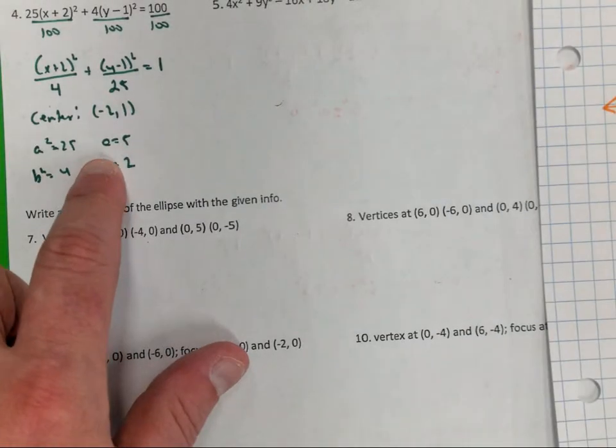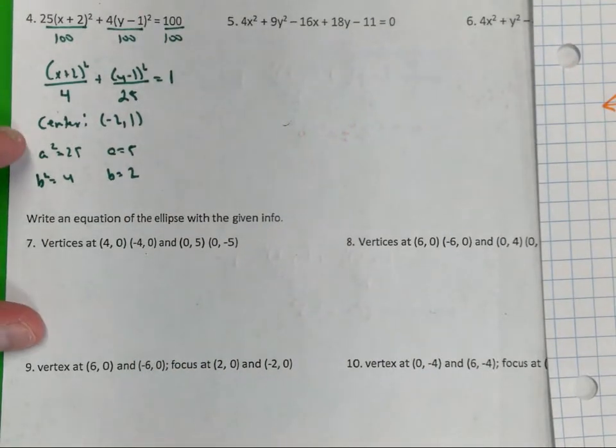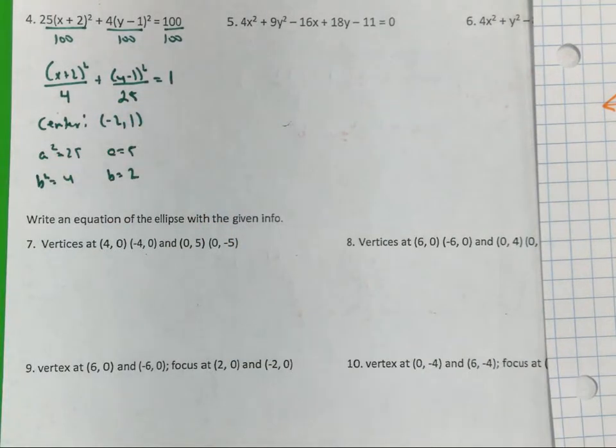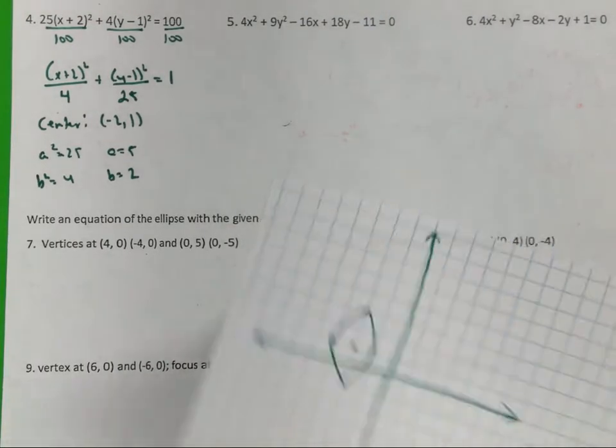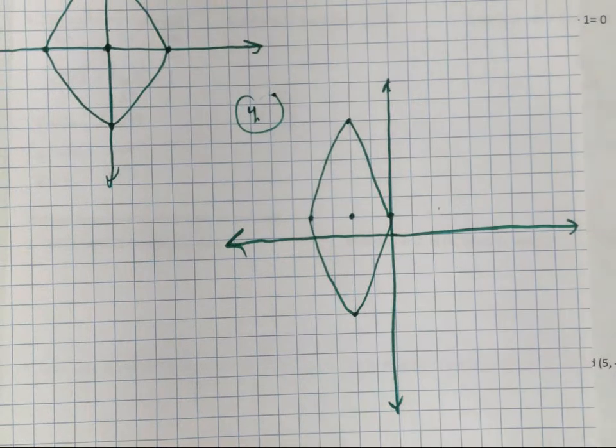Does anybody have a question how I got the center, the a, and the b right here? And then this is the graph for number 4. It's not too bad, is it? We'll do one more like this, and then we'll move on.